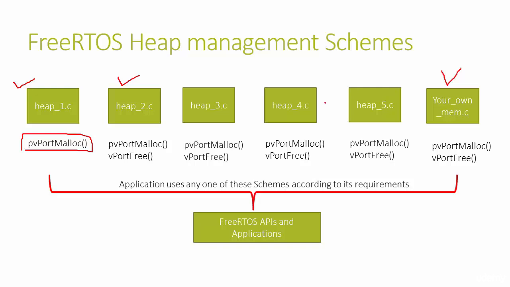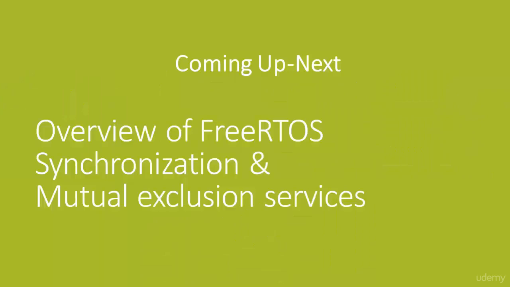So this is a quick overview regarding FreeRTOS memory management. In the next lecture, let's explore FreeRTOS synchronization and mutual exclusion services. This is also an overview lecture, where we will quickly go through the synchronization and mutual exclusion services.